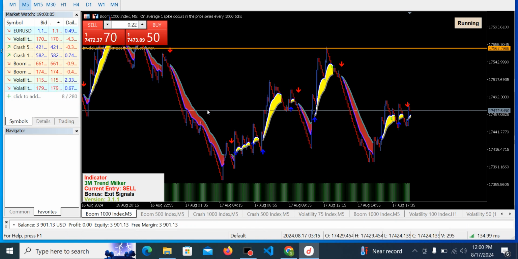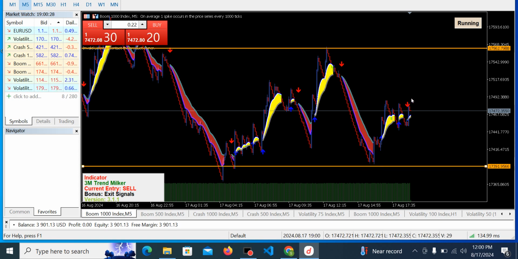Okay guys, quickly let's go straight into what we have right here. So this started a downtrend right from here, but came to an end somewhere here, so it went back on an uptrend but wasn't able to go more than this resistance zone, so it had a major pullback. But it got to this region, this support zone, so it has not been able to break out from there, so it's buying at the moment.